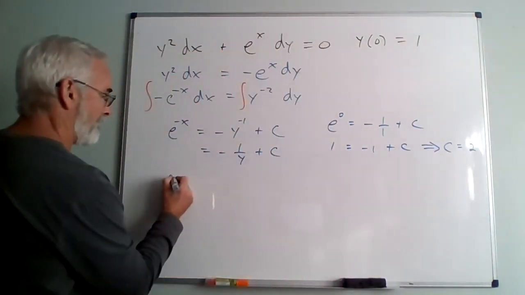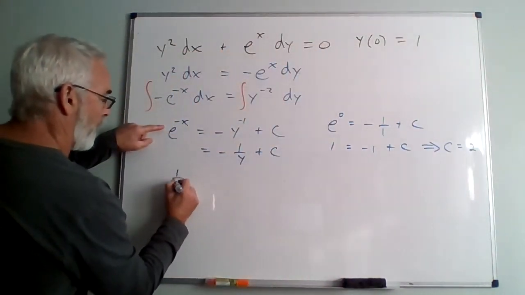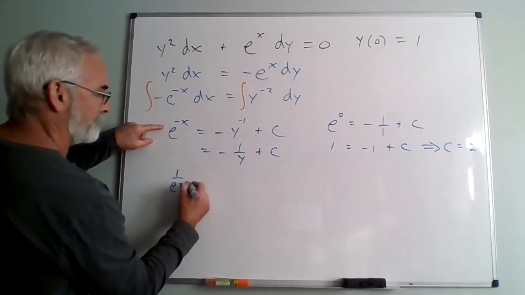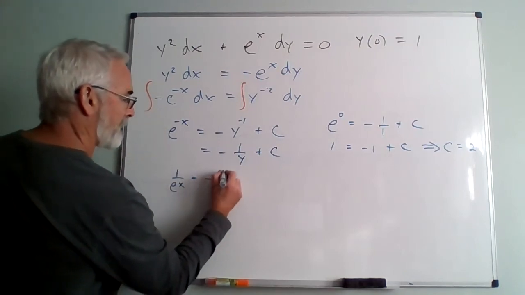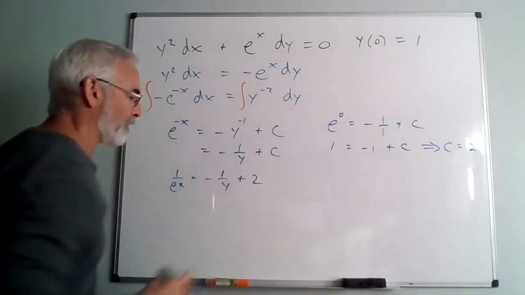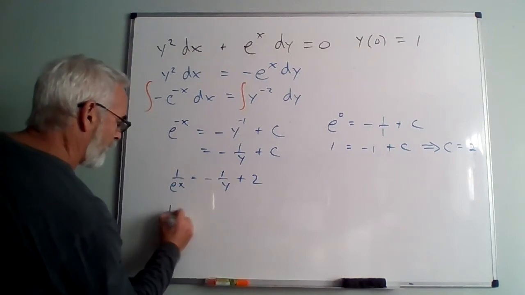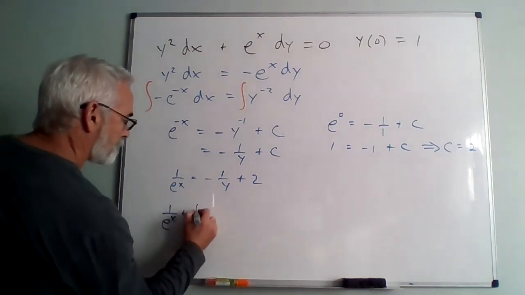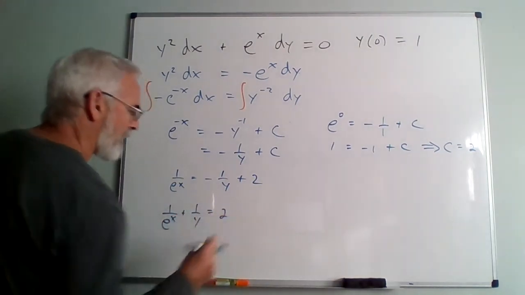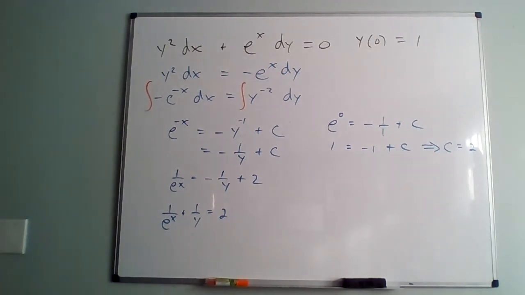So now I've got, if you want to write this as 1 over e to the x equals negative 1 over y plus 2. If I put these together, this is an acceptable answer. But generally speaking, we'd rather solve for one of the variables. Preferably, we'd solve for the y variable.